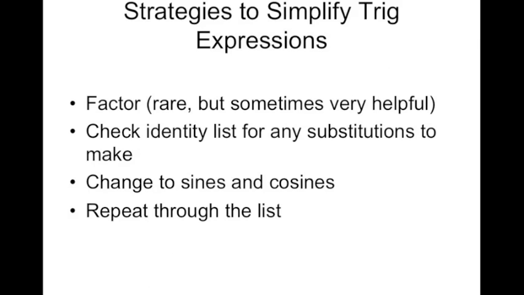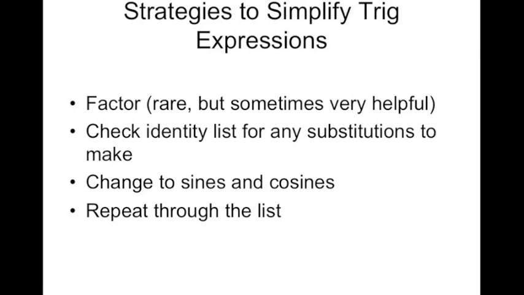These are some strategies. These are not printed on your notes, so you might want to write them on your notes. The first strategy that we do when we're trying to simplify a trig expression, which is the next type of problem we're going to look at, is simplifying. The first thing that we're going to try to do is factor it. I said here that it's rare, okay, so don't expect to do this in every single problem, but if it's possible to do it, it can be very helpful.